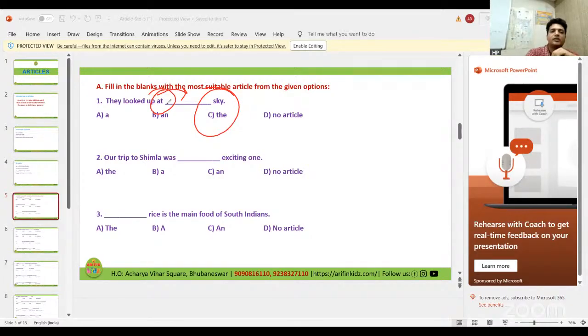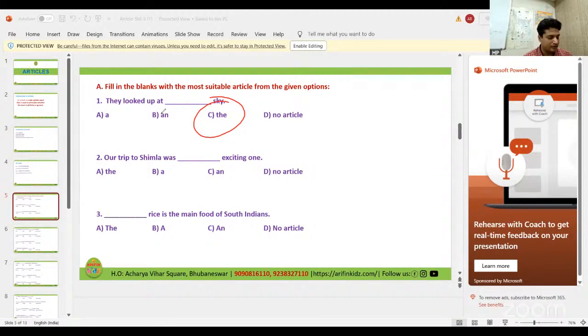So after that, the is always correct. At the moment, at the sky, at the theater. So at the is the correct answer.